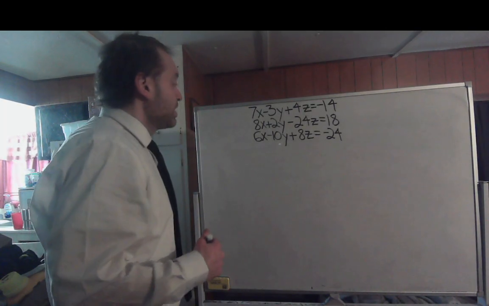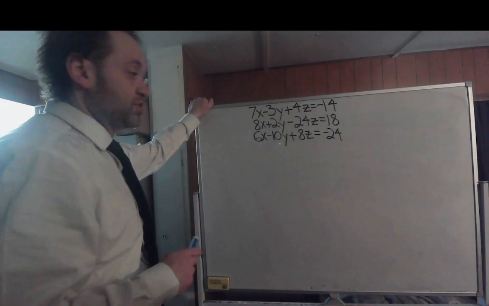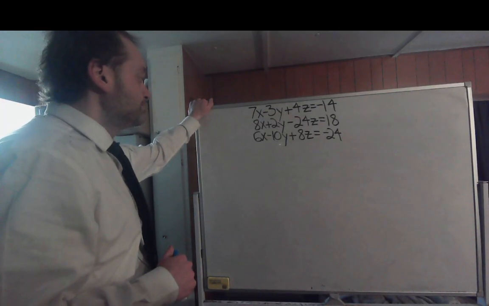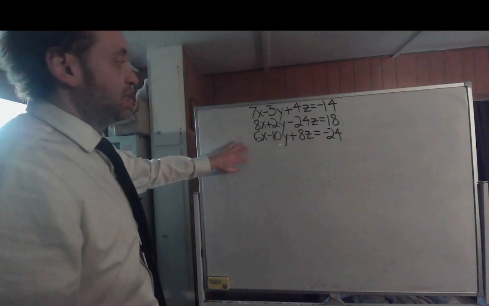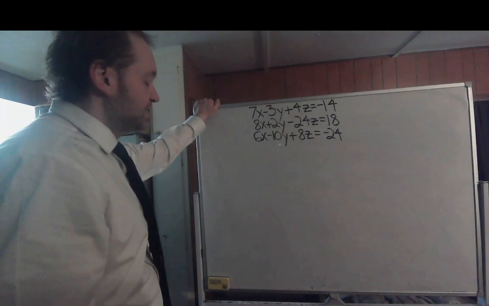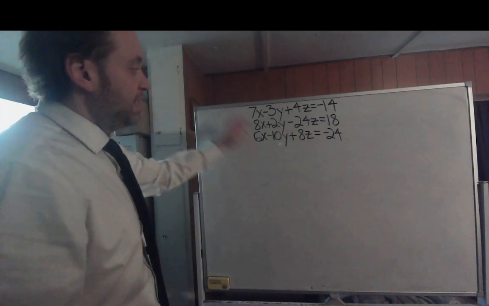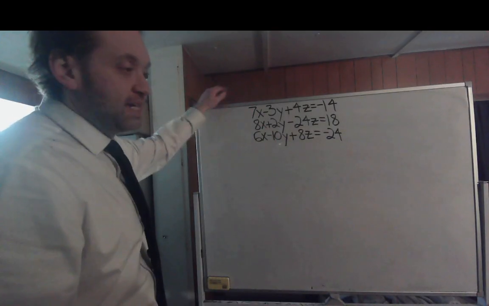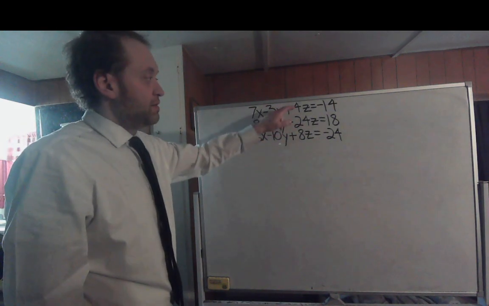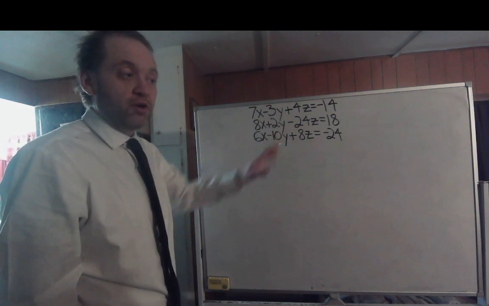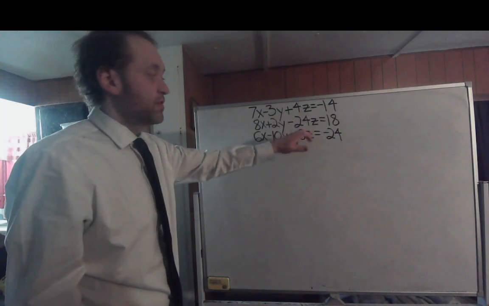So we need to pick a variable to eliminate. I don't think we want to go with x because we'll be multiplying by 6 and 7 and 8. Y, we'd have to multiply some of them by 10. I don't think we want to go with y, but z, 4, 24, and 8 are perfect multiples of each other. They're all perfect multiples of 4.